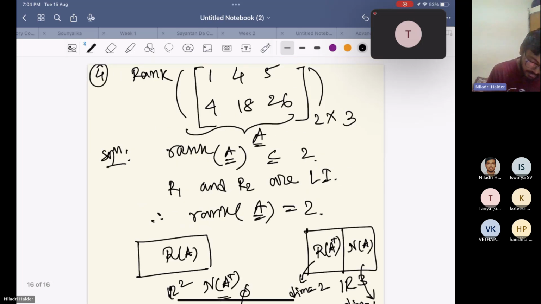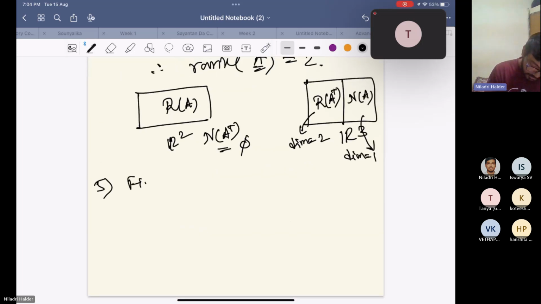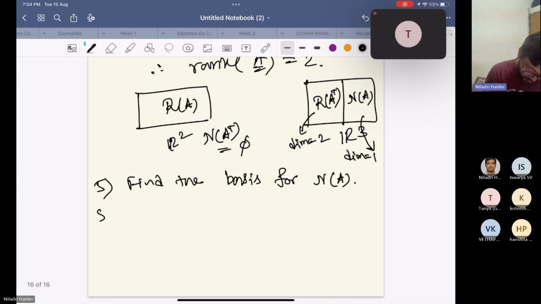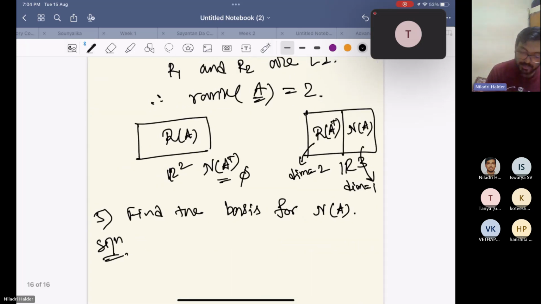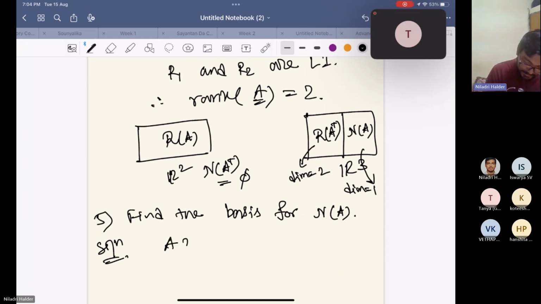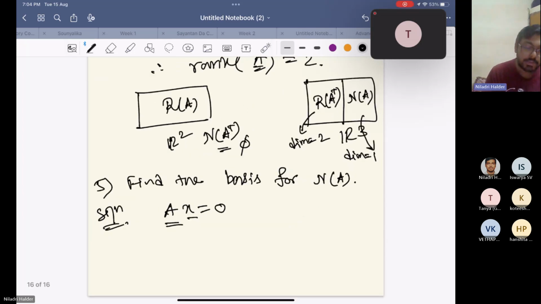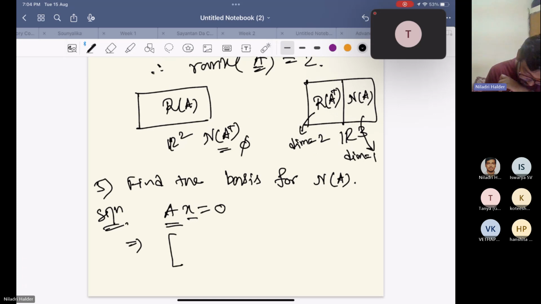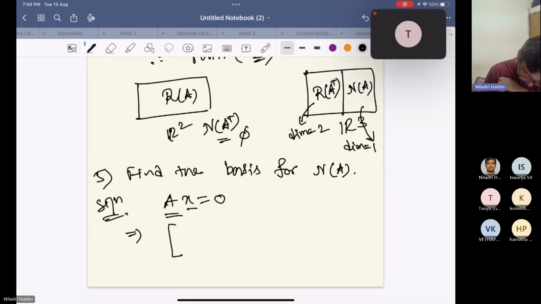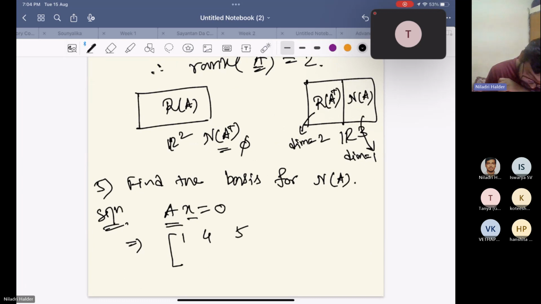So we need to find it out. The next question is to find a basis for the null space of A. The solution is that we need to find the basis of the null space of A. So Ax equals 0, and we need to find this x. Here A is 1, 4, 5 and 4, 18, 26.